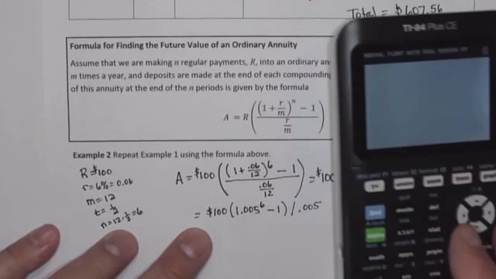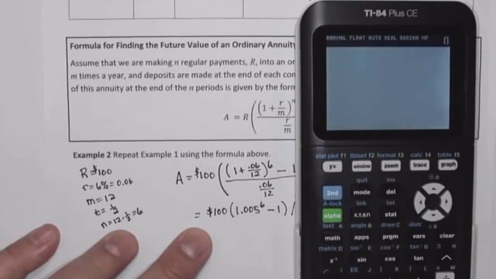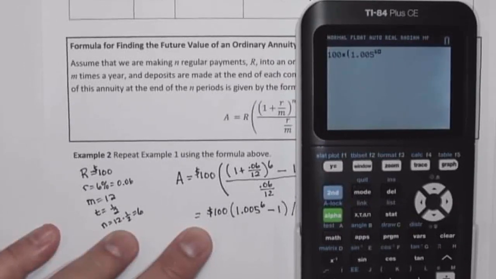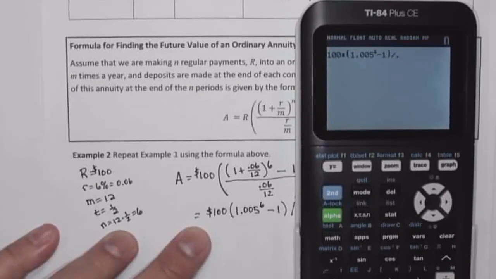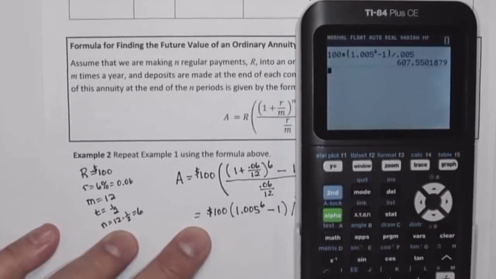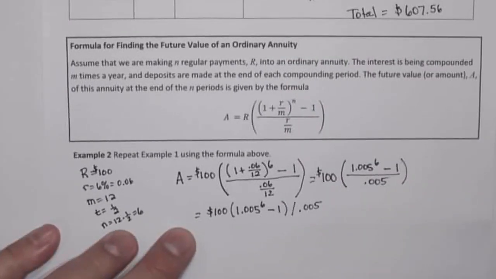So if I bring in my calculator, 100 times parentheses 1.005 raised to the 6th power minus 1 close parentheses, and then that gets divided by 0.005. And that gives me $607.55.